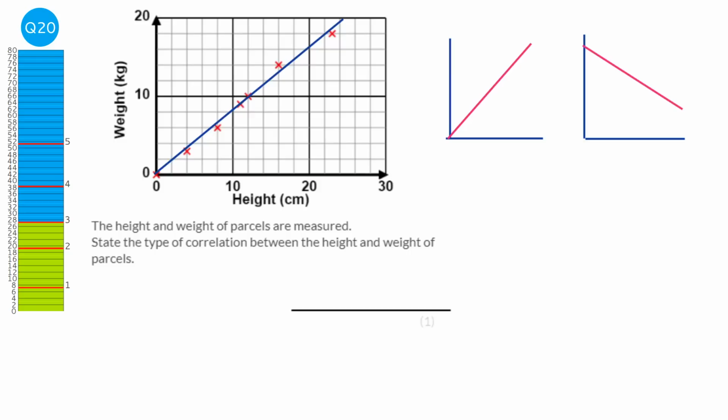So positive if it's going up, which this one is. So it's a positive correlation. And if it's going down, then it's a negative correlation. If the data is all over the place, so it looks like something like this, where you've got the points everywhere, we say that's no correlation.